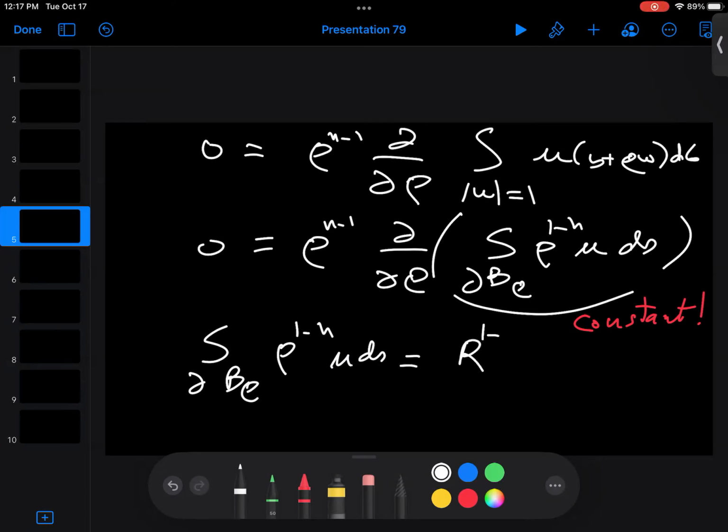So I can write it like that. And this is the end of the second step.